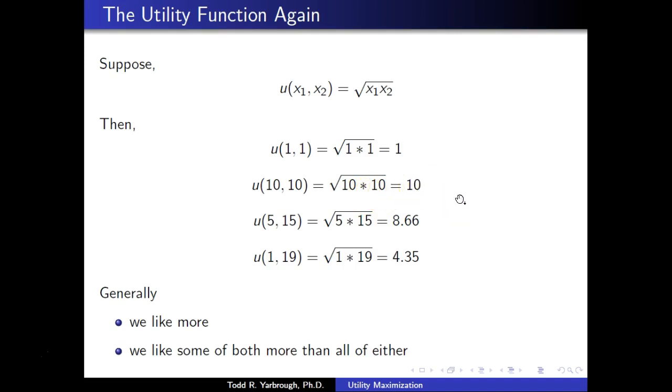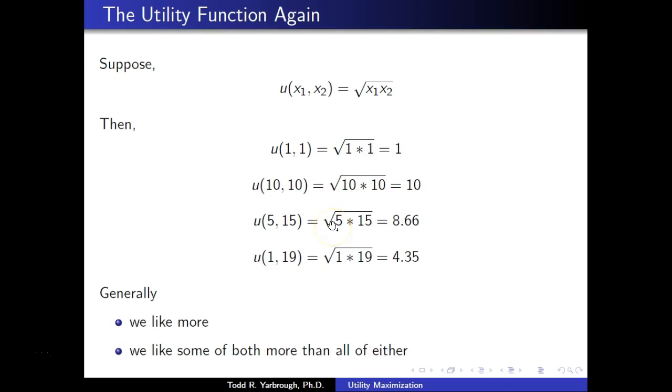In fact, it says virtually nothing in isolation. But if we compare it to this bundle, we get something fairly interesting. If I consume 10 units of x1 and 10 units of x2, I get 10 units of utility. Remember, we defined utils as the units of utility.